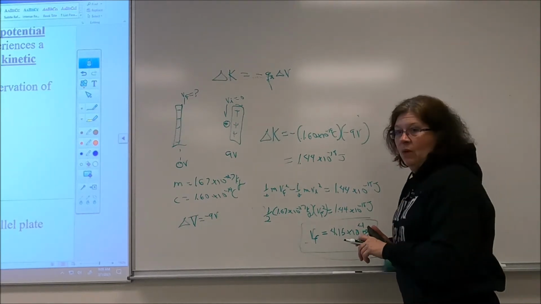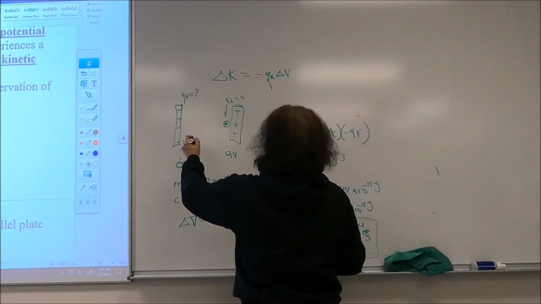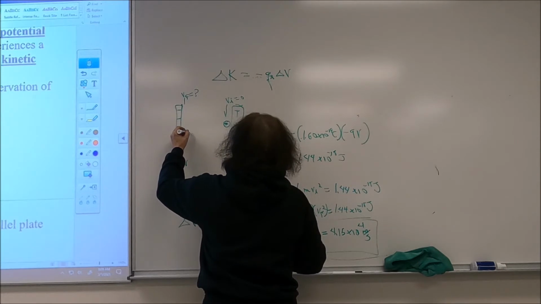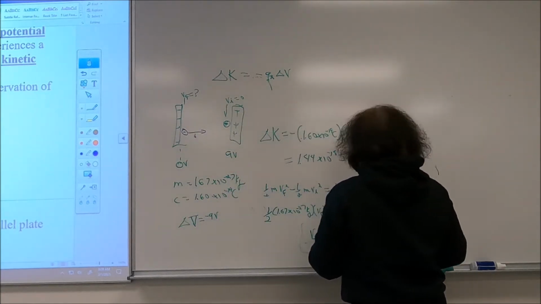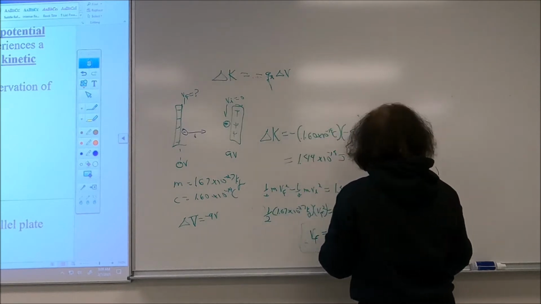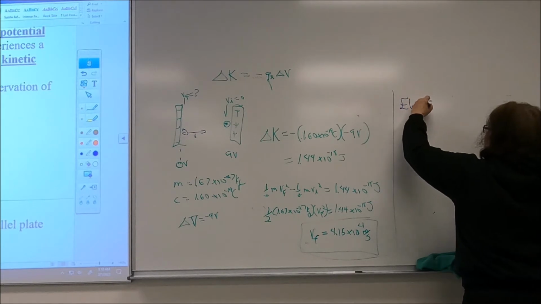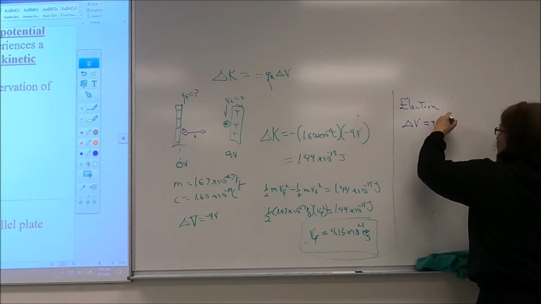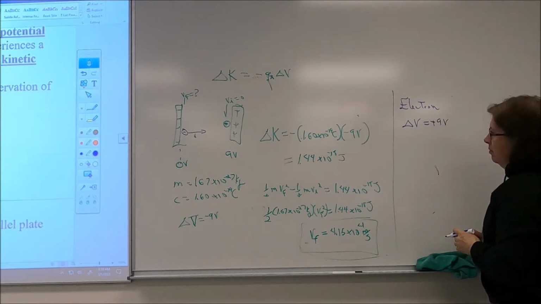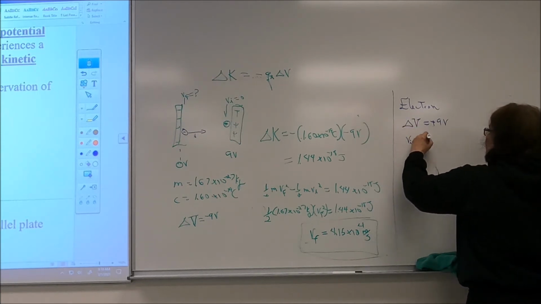Now, if we did the same thing with an electron, okay, an electron is going to start here at the negative plate. And it's going to want to move in this direction. So for the electron, we want the change in electrical potential to be plus 9 volts. Its velocity initially is going to be 0.